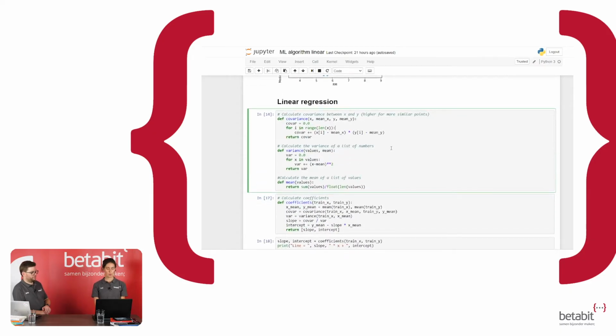We can always try. So what we're doing is first we got to do a bit of math. So we calculate the covariance, the variance, and the mean. The mean is probably something that I would hope everyone here knows. Yeah, so the mean is basically just the average.